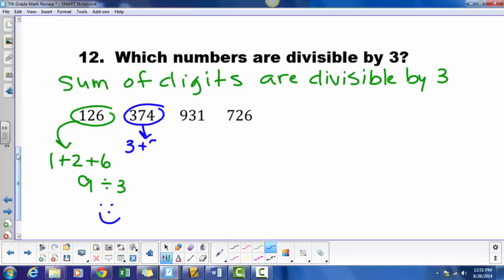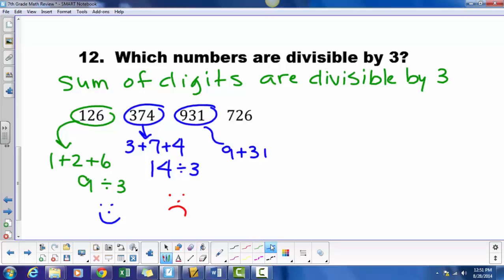What about this number right here? 3 plus 7 plus 4. 374, that adds up to 14. That is not divisible by 3, so no. All right, let's look at this. 931, that's 9 plus 3 plus 1. That adds up to 13.